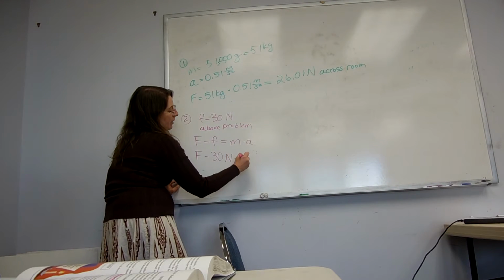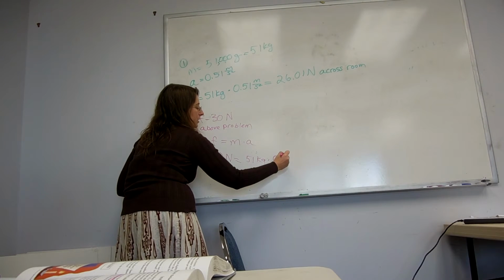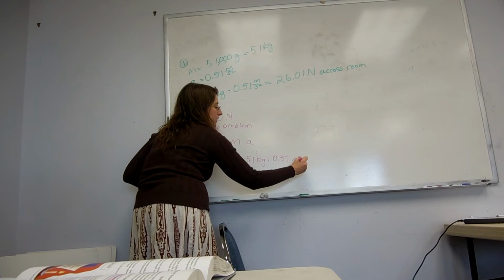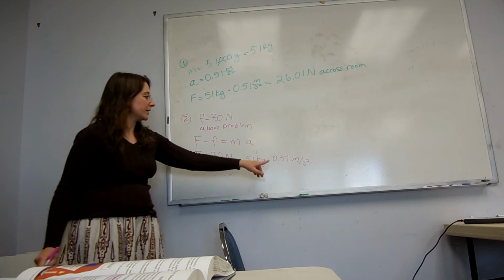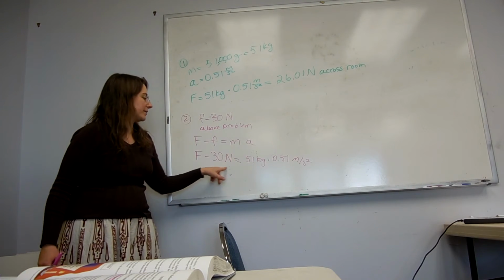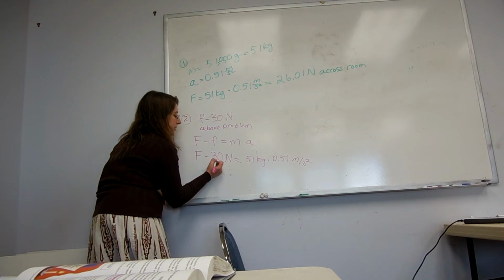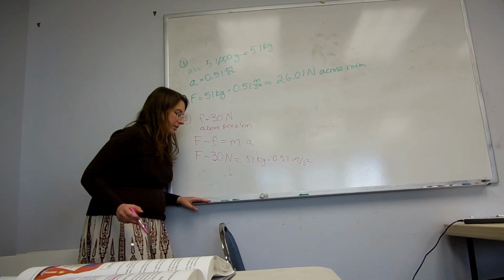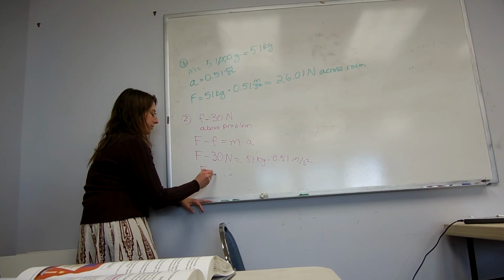And that is mass times acceleration. Okay, so if we did that, we'd still get this same thing here, the 26 newtons, but we'd have to consider that we have to use an additional 30 newtons to overcome friction.